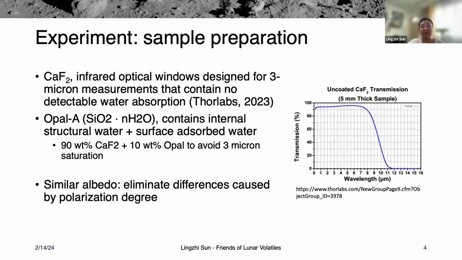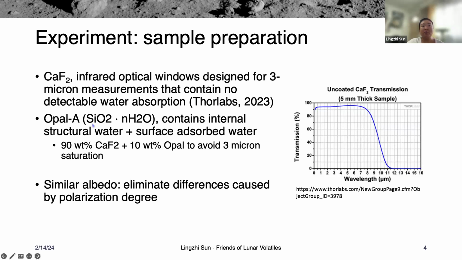It's an infrared optical window designed for 3-micron measurements, and it is sure to have no detectable water absorption. Here I have a transmission spectrum that goes from about 500 nanometers to 1600. You can see that around the water absorption area, there is no absorption feature.